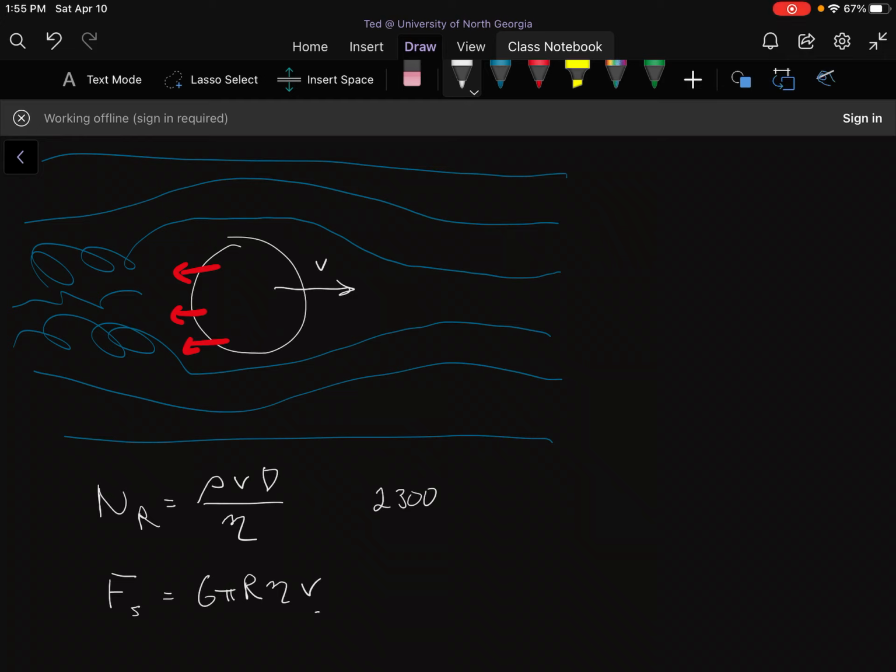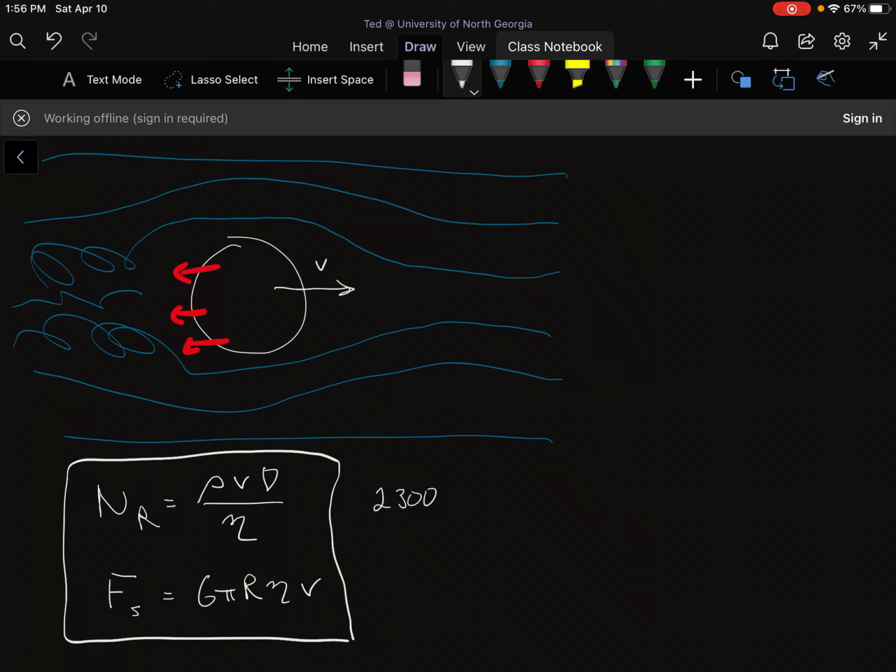And what I want you to see here is that the drag force gets bigger the faster the object is moving, and I hope that makes sense. The faster the object is moving, the more air resistance, the more fluid resistance we're going to have. So these are the two formulas that we'll end up using when calculating how strong a fluid resistance force is when we have a sphere moving through a fluid.